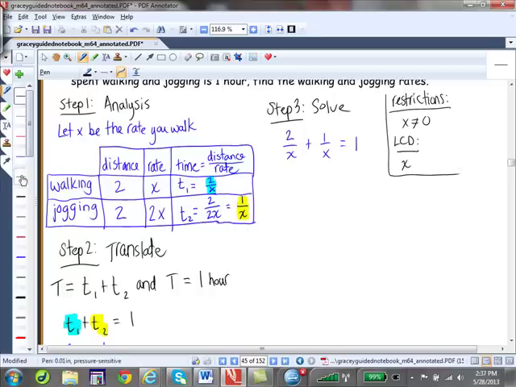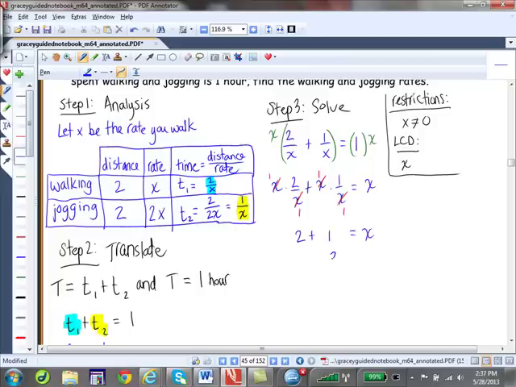So, solving, we multiply both sides by the LCD, and we get x times 2 over x plus x times 1 over x equals x. So the x's divide out for each of these, and we'll get 2 plus 1 equals x, 3 equals x. So that is the walking rate, right? So therefore 2x will be 2 times 3, which will be 6.